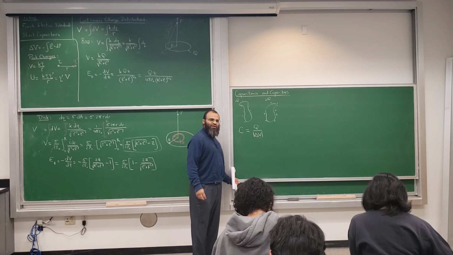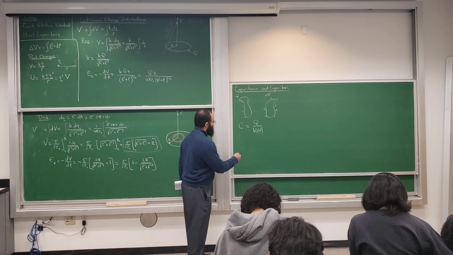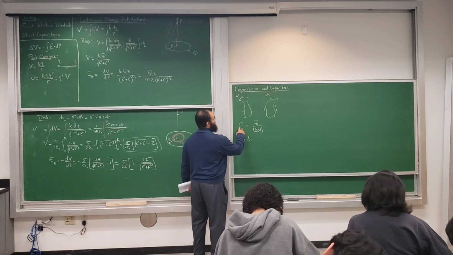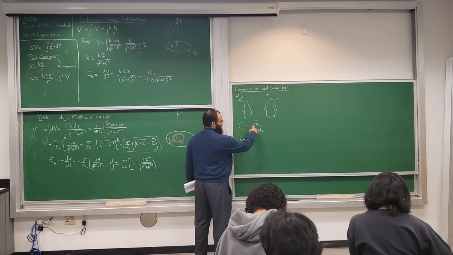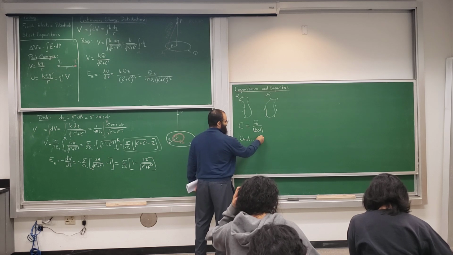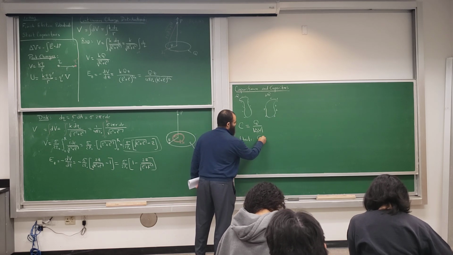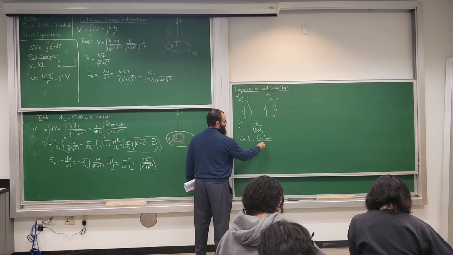So let's talk about the units before we find capacitance for certain shapes, right? So again, C stands for capacitance. So the units are charge, which is in what units? Coulombs. Usually coulombs are C, but then C is here, so I would write the whole word, coulomb. Delta V is in what units?